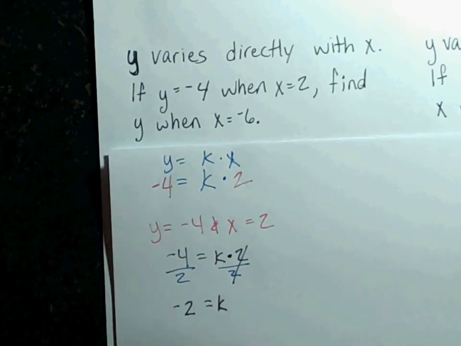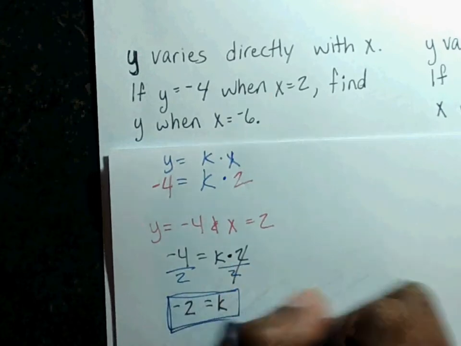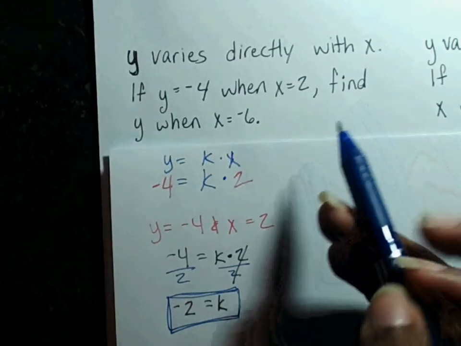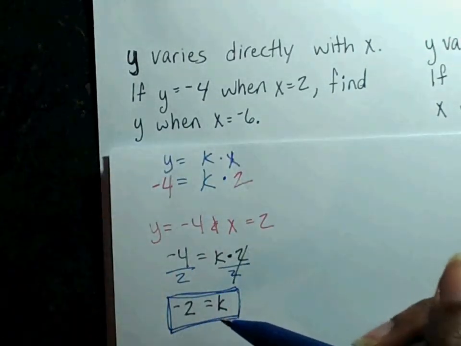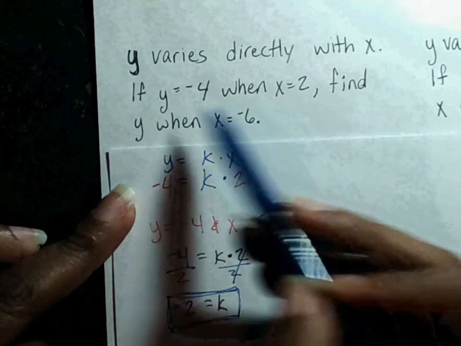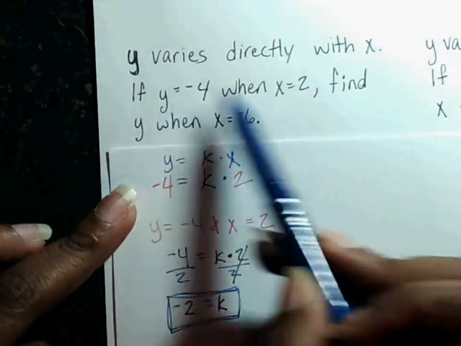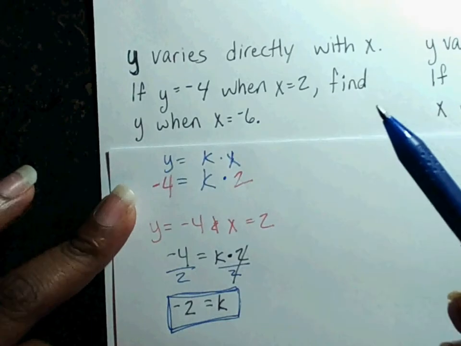Now, you have what k equals. K is -2. The question did not ask you to find k. The question asked you to find y. This k is your constant of variation. That means that it's the same no matter which x and y pair you have. So the same k I have here will be the same k I have here. It's the constant.